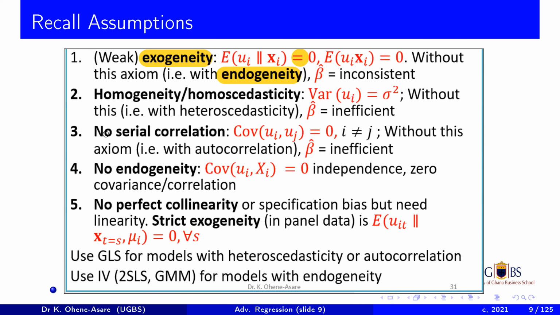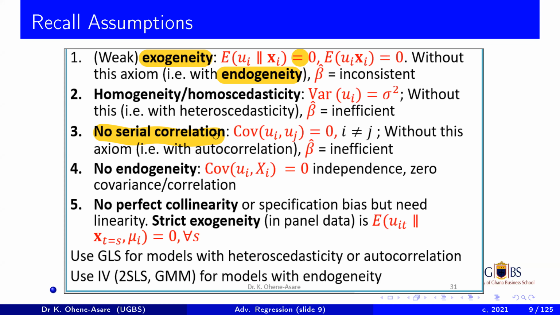The next thing is that there must be no autocorrelation, but here we speak more of serial correlation. Autocorrelation that we spoke about was the Ui being correlated with its past, so Ui and then Uj. But with serial correlation, you are not just correlated with another observation, but you are also correlated over time with yourself, because now time has been added.